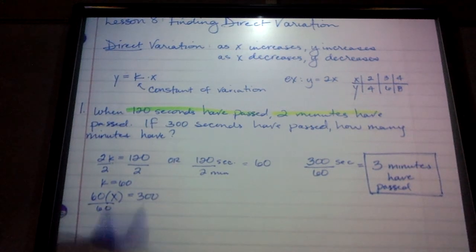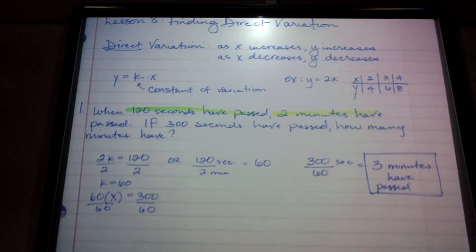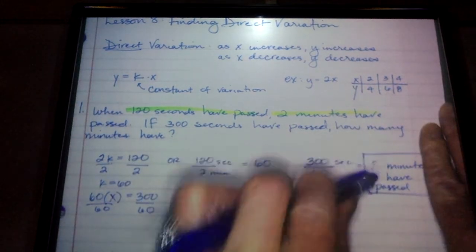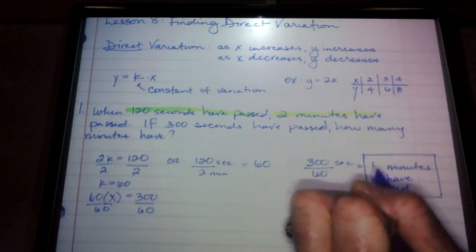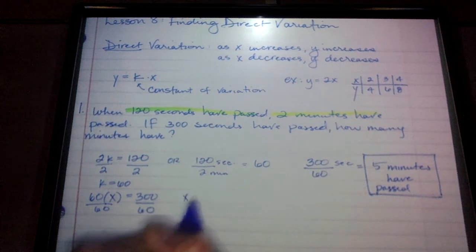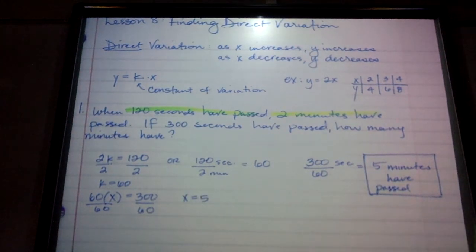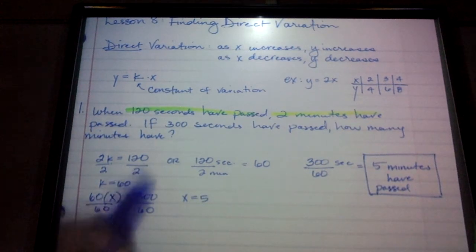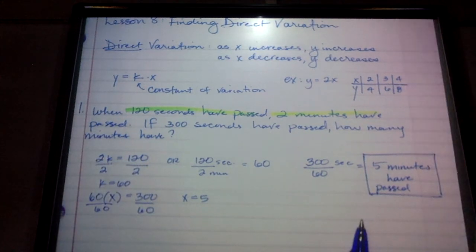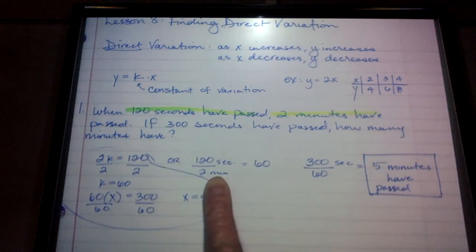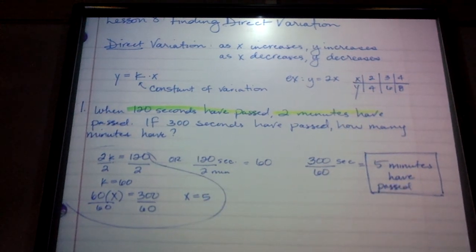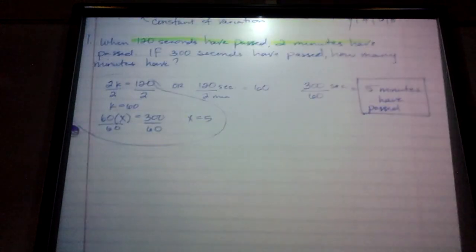I would divide by 60, and 300 seconds divided by... why is that not working out in my head? Because this is not 3. It's 5. I'm like, there's something wrong here. Okay, so you choose if you'd like to do it this way, using variables, or just use mental math. Either way, the answer is still 5 minutes.